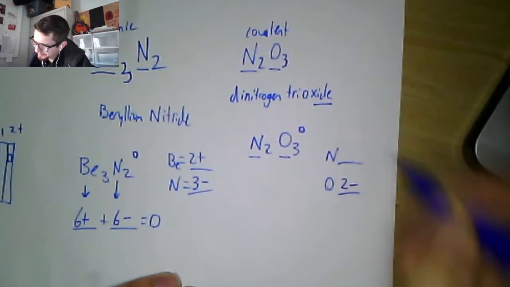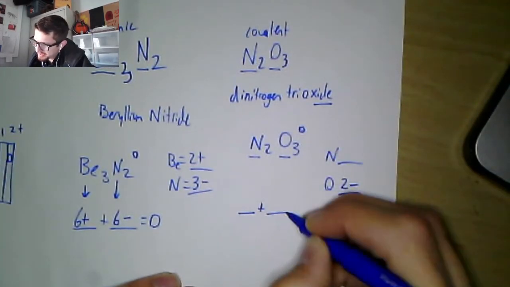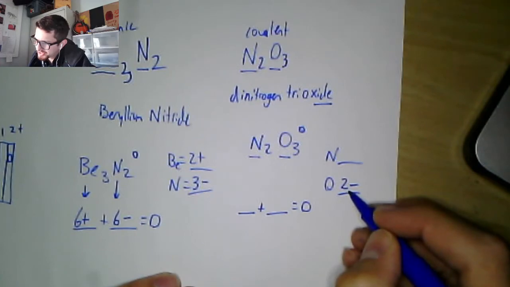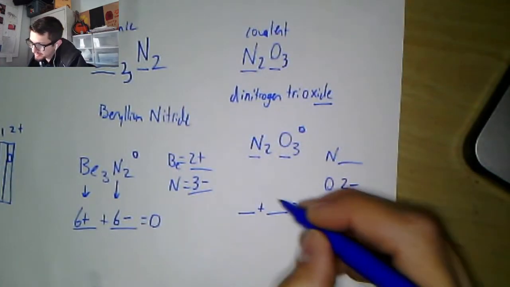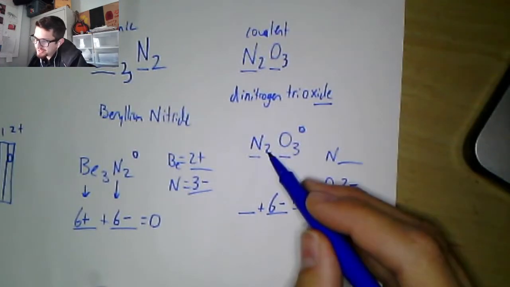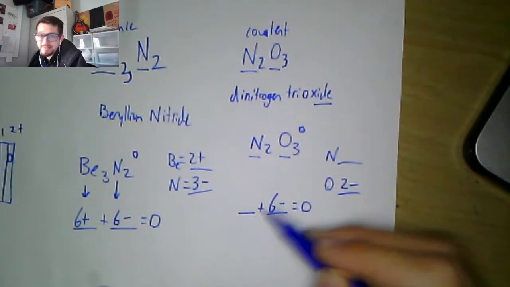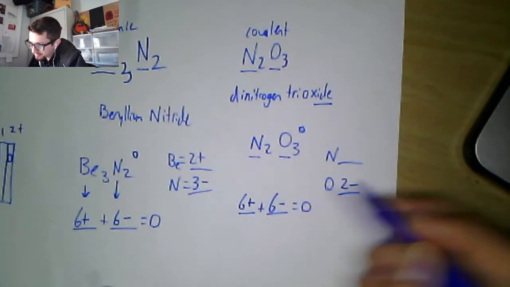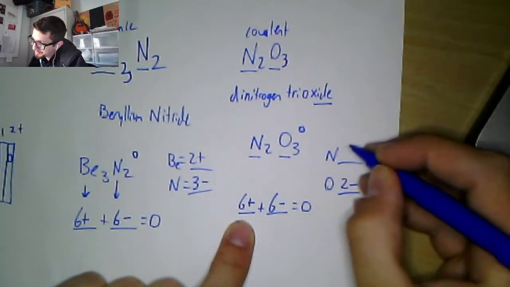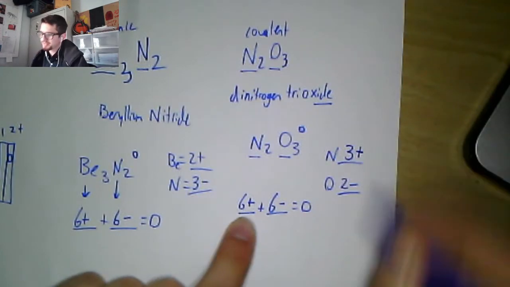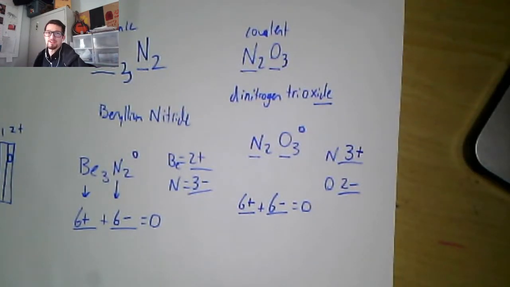So something plus something equals 0. The oxygen is going to be 2-. We have 3 2-. 3 times 2- would give us 6-. So these nitrogens have to cancel out the 6-, which means they have to be 6+. 6+ split across 2 atoms would be 3+. So each nitrogen is 3+. And those are my oxidation numbers.